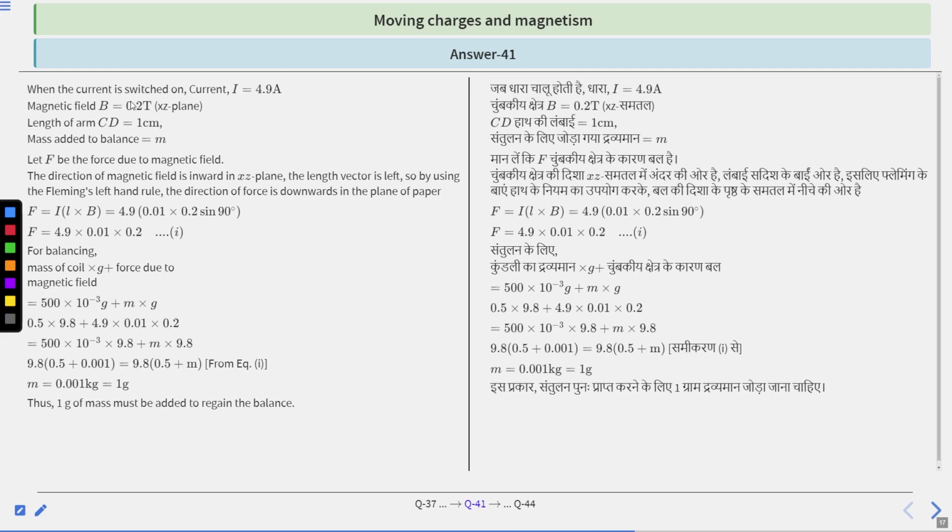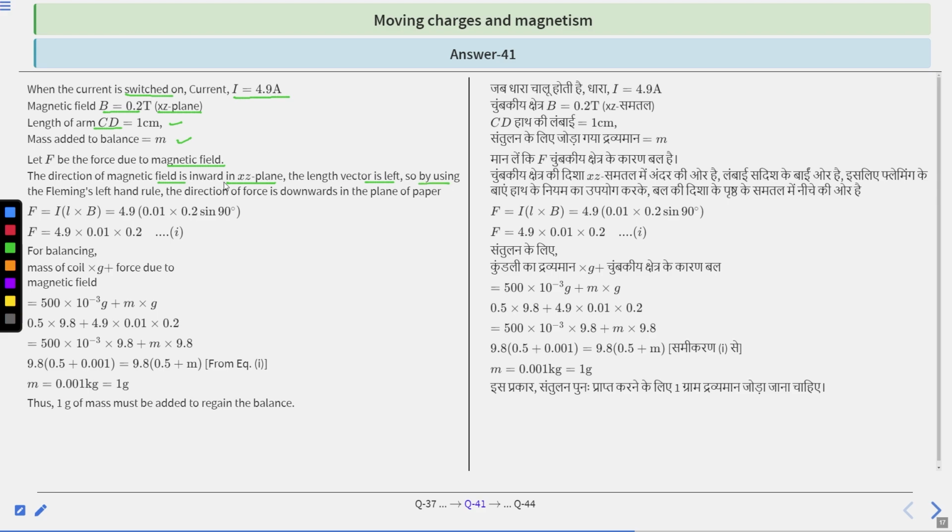So when the current is switched on, current I is equal to 4.9 ampere. Magnetic field B is equal to 0.2 Tesla in the XZ plane, the length of arm CD is 1 centimeter, and the mass added to the balance is m. Let F be the force due to the magnetic field. The direction of the magnetic field is inward in the xz plane and the length vector is left.